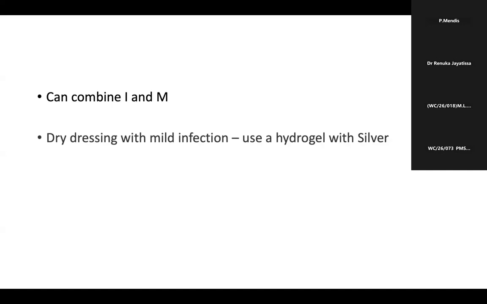You can have a moisture absorbing foam dressing that also may have some silver in it that will help to fight and destroy the bugs. You might have a hydrogel that can give fluid to the wound, maintain the moisture for a dry wound, but at the same time has a little bit of iodine, for example, to try and control infection. So these can be combined sometimes.